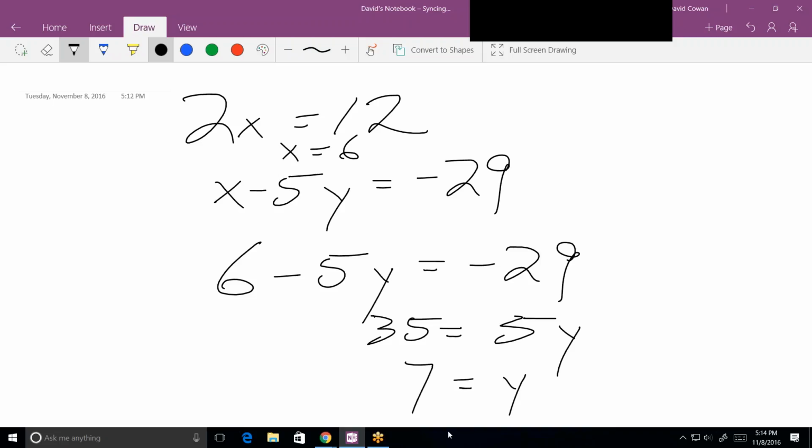So it's not a major thing, but whenever you're making this decision as to which side to move your variables to, consider that. In other words, move the variable to whichever side is going to give it a positive coefficient, not a negative one. And frequently, you'll turn a problem that would have had two negative signs into a problem that everything's positive. So what's x equal to if y equals 7?